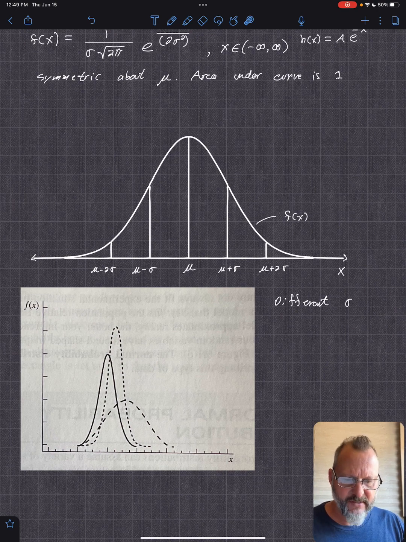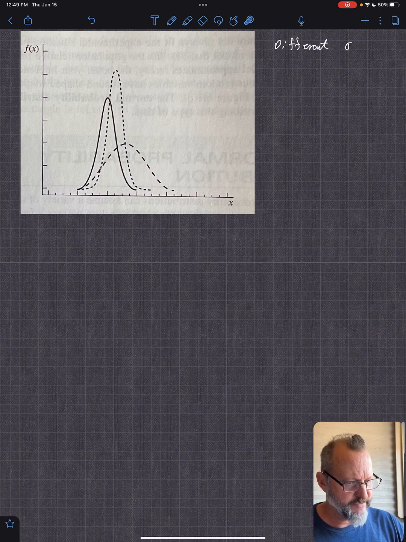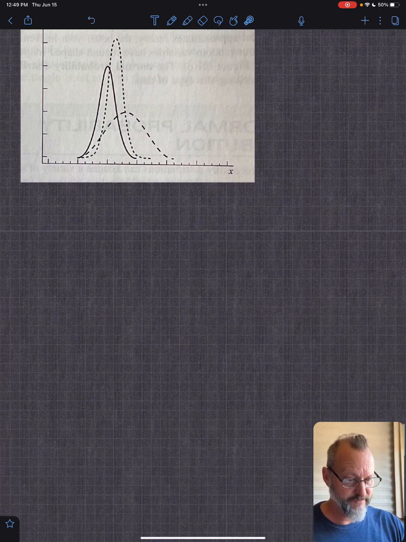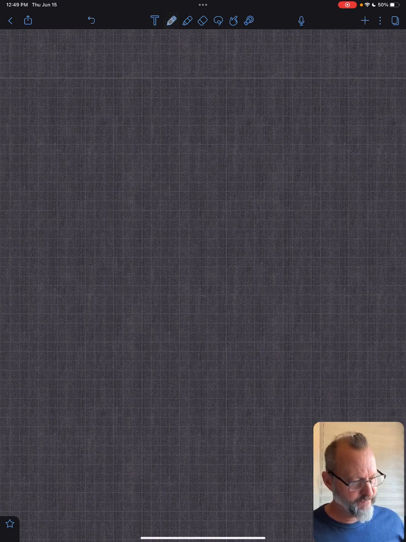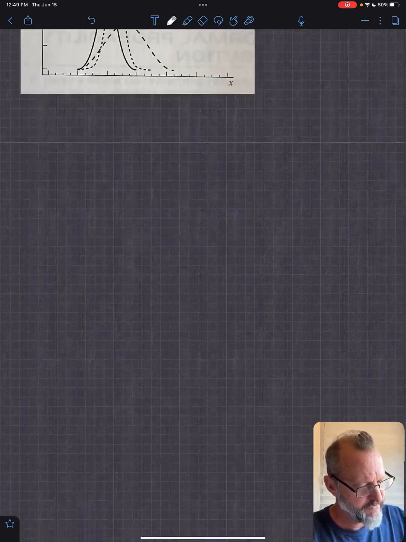Okay, the next stuff to look at is basically how to calculate the probabilities. So we use the standard normal random variable. Let me write it now.